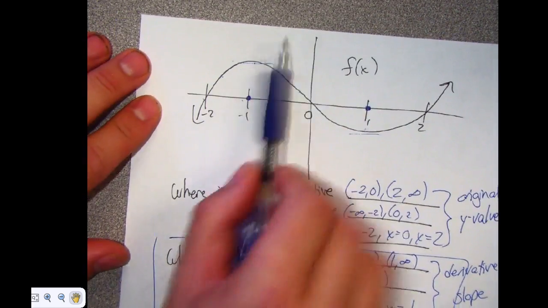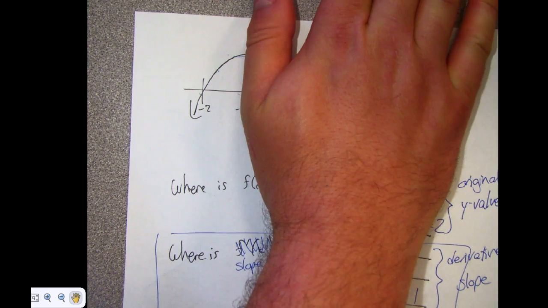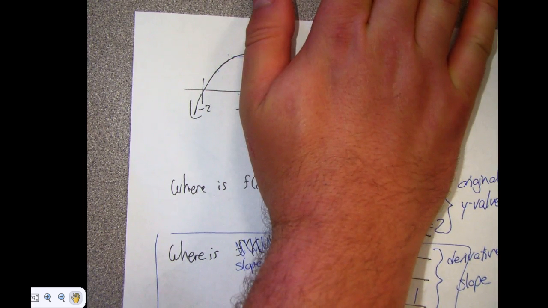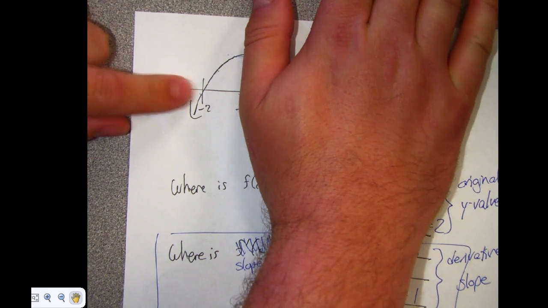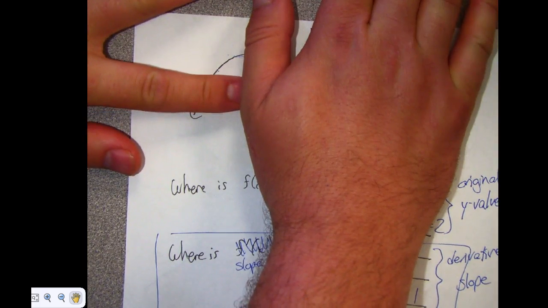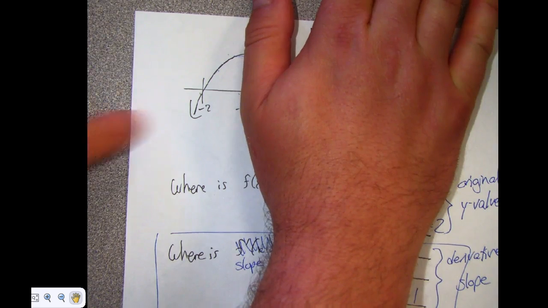In this section over here, is the slope positive or negative? Slope is positive, right? So that x-axis doesn't matter anymore. It's almost like it's not even there when I'm looking at it. So I'm just looking around it: is that sloping up or sloping down? So this is a positive slope.